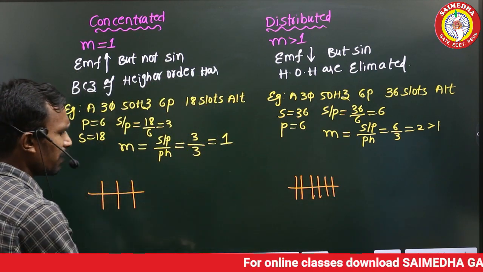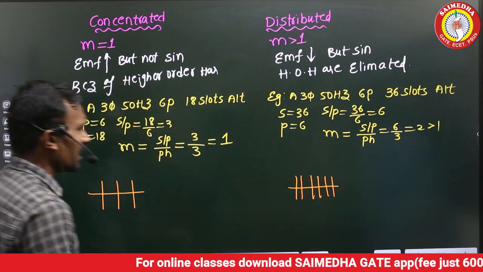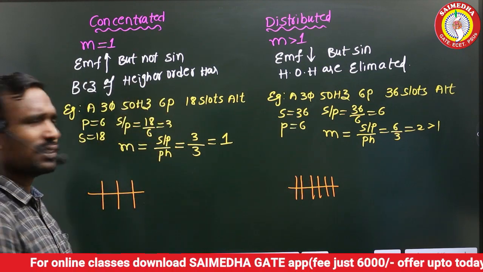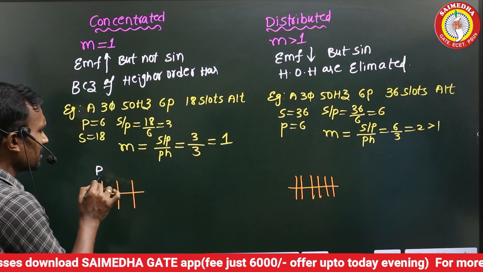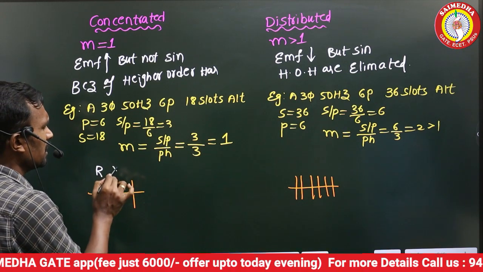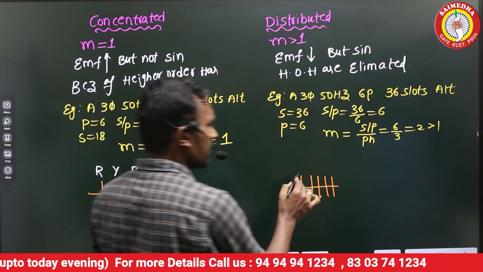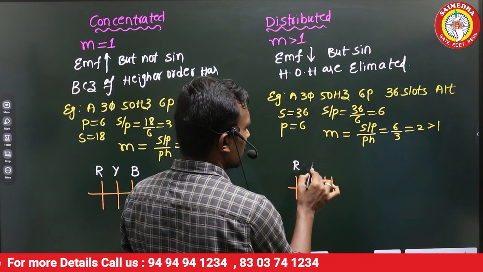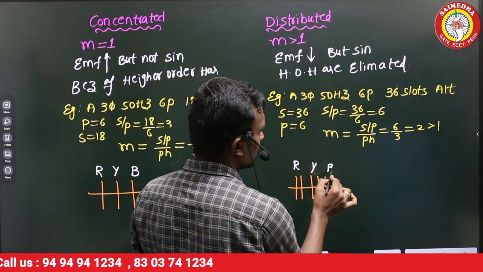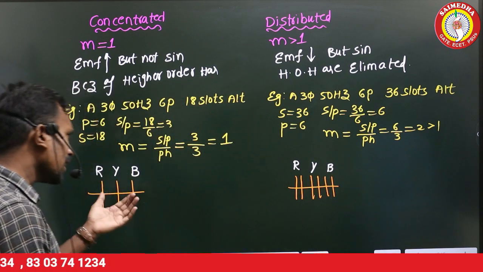So this is a 3-phase machine, right? We have 3 phases. For example, these slots are reserved for R phase, this is for Y phase, this is for B phase. These 2 slots are reserved for R phase, this is for Y phase, and this is for B phase. Sir, what is the meaning of this?